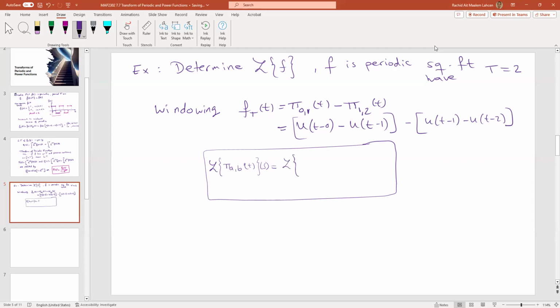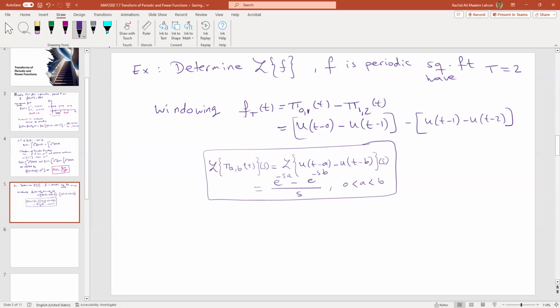We're doing the Laplace transform for this window here. If we do the Laplace transform for the window, it's going to be on S. It's nice, in a way we have a formula. It's just going to be this, of course with A less than B and A positive.